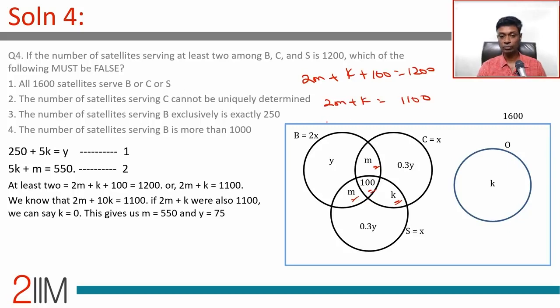We know that 2M plus 10K is also 1100. 2M plus K is 1100. 2M plus 10K is also 1100. So K is 0. Which immediately gives us M is 550.